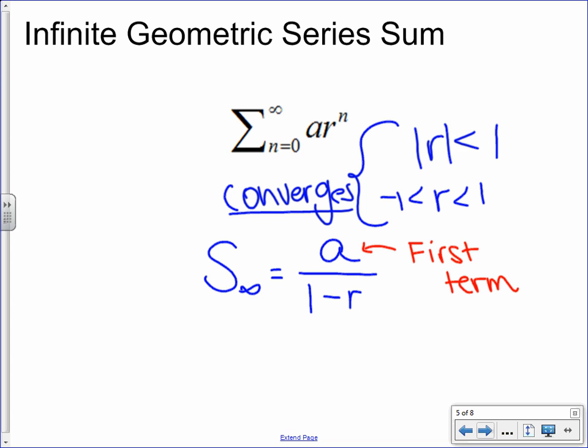If your series begins at 0, A is the value you get when you plug in 0. If your series begins at 1, A is the value when you plug in 1. If your series begins at 15, A is the value in your sequence when you plug in 15. So first term divided by 1 minus R.